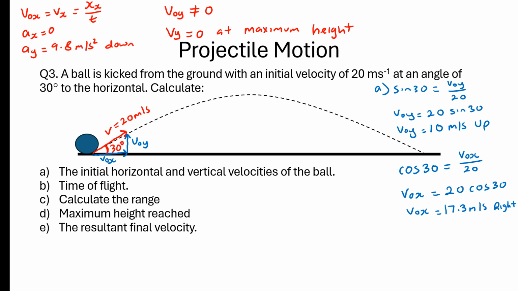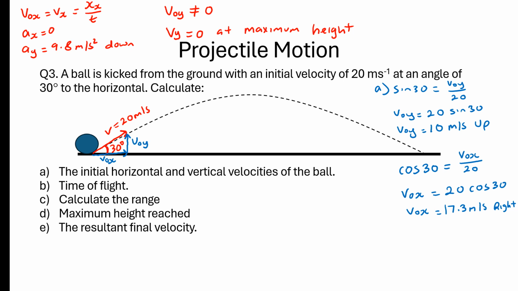I also know the value of ay, and I also know the value of vy at max. So I will use the first equation to find the time it took to reach the maximum height. So I need to know how long it took to reach the maximum height, and then multiply that value by 2 to find the total time.